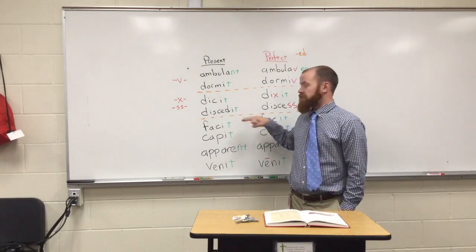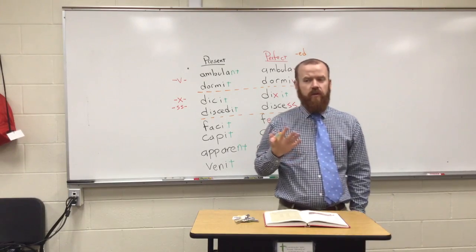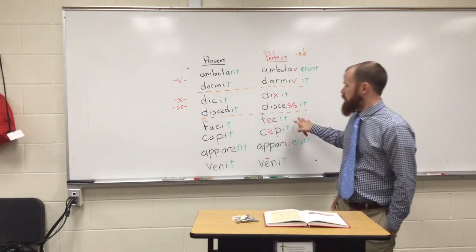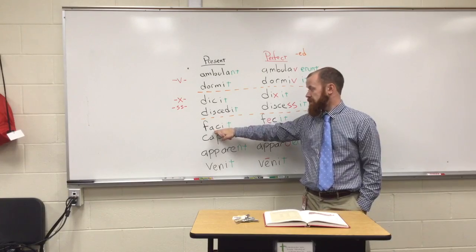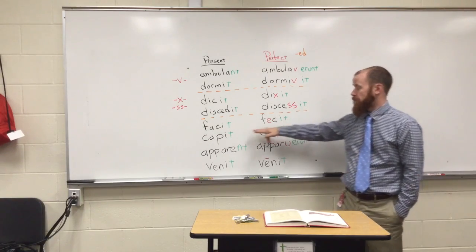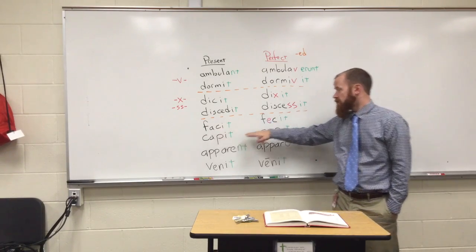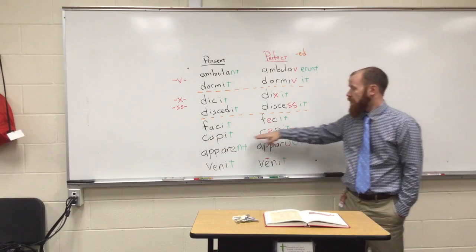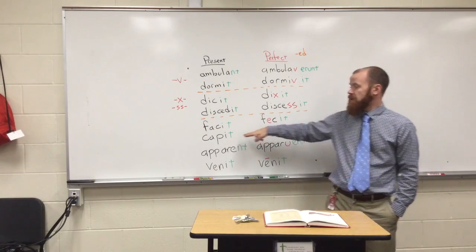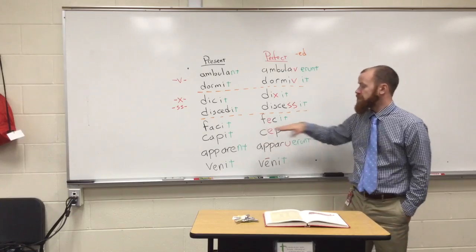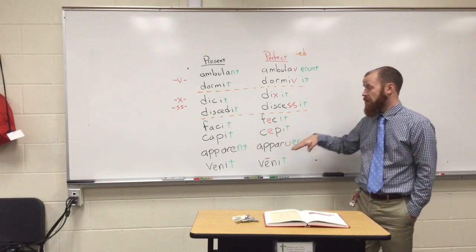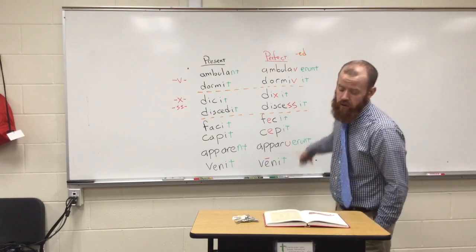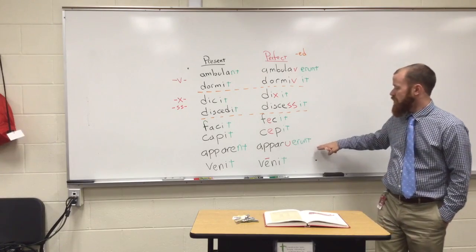Then below this, we start to get into some more nuances. So we have facit, that changed to fecit. So from he makes to he made. Capit changed to cepit. She takes to she took. Apparent to apparuerunt, all right?